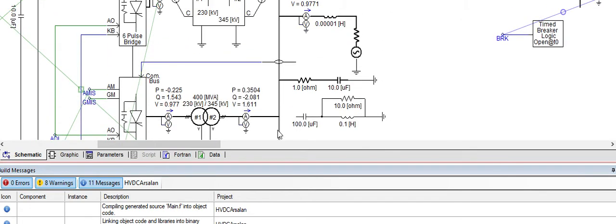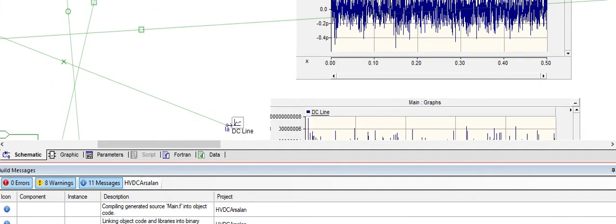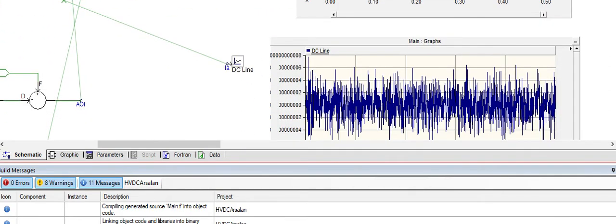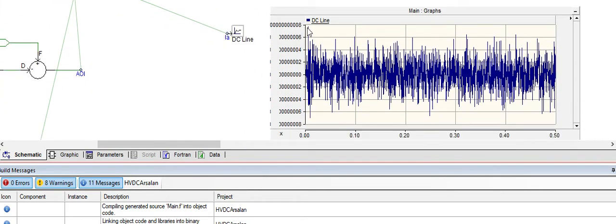This is the receiving point filter I removed, and you can see the impact here at the DC line. The impact is also shown here. This is a spike. Now just keep these two graphs in mind.